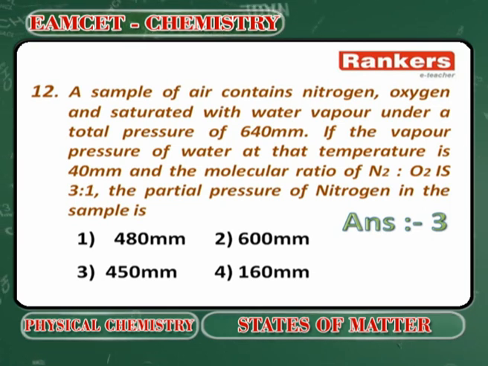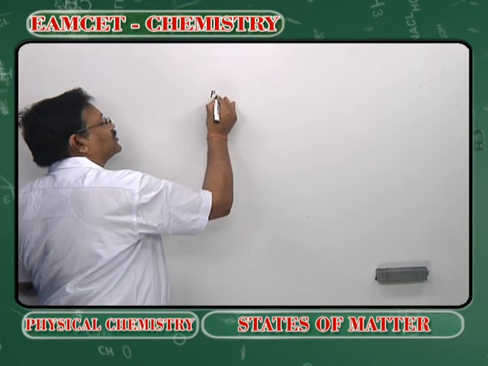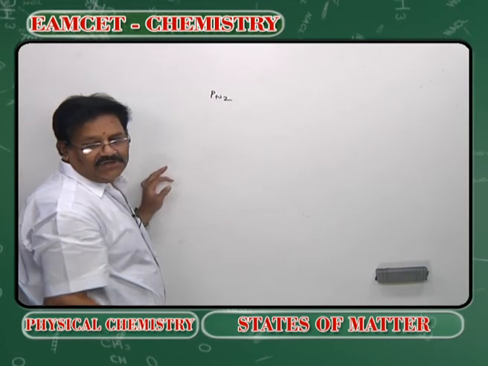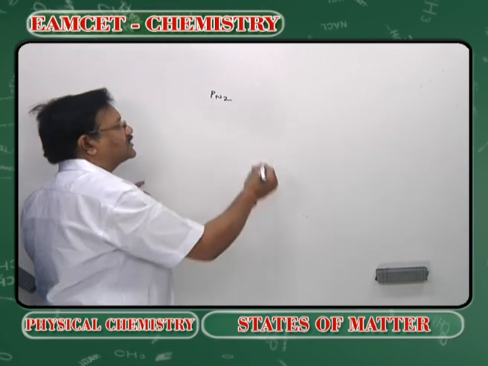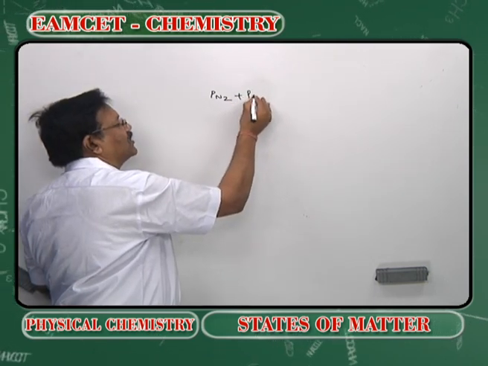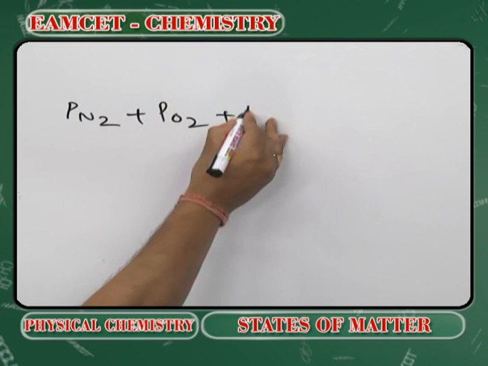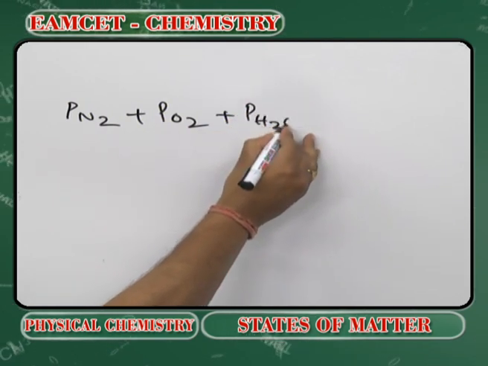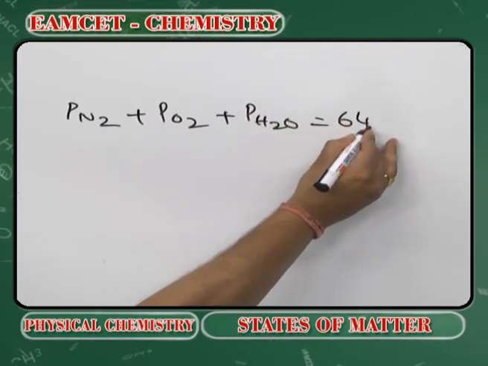This is the problem based on Dalton's law of partial pressures. What is given there? The total pressure, that is pressure of the nitrogen plus pressure of the oxygen plus pressure of the water vapor is equal to 640 mm.